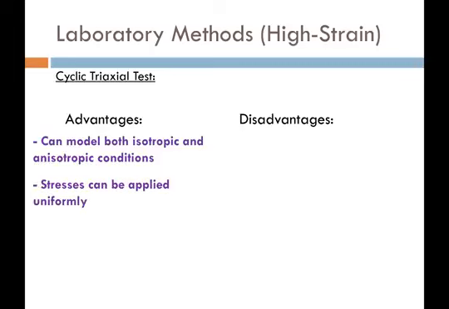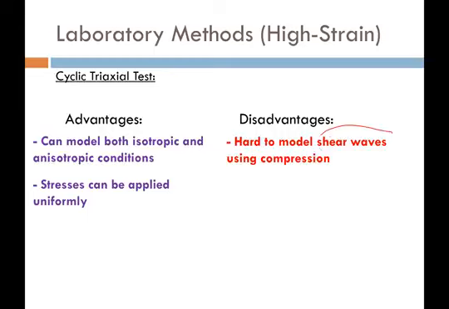Another advantage is that we can apply the stresses to our soil uniformly, so we're not concentrating the stresses on any particular region of our soil sample. But disadvantages: it's really hard to model shear waves when we're loading the soil in compression and tension vertically. So what we really have is the wrong loading mechanism.